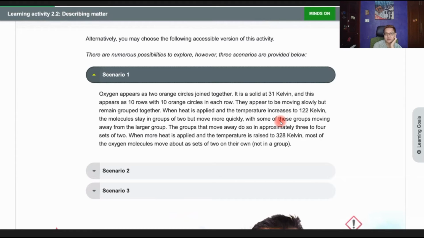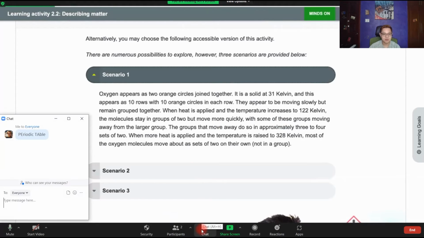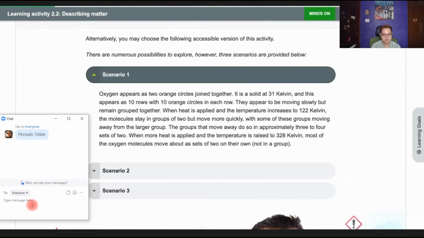Do you remember what Kelvin is? The Kelvin temperature? It's a scientific temperature. Compared to degrees Celsius, what is the formula to convert it? I'm not sure I remember.